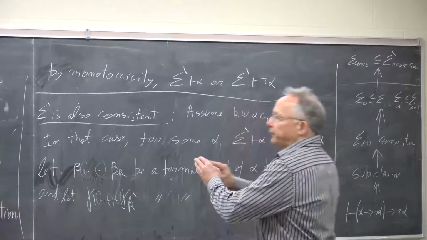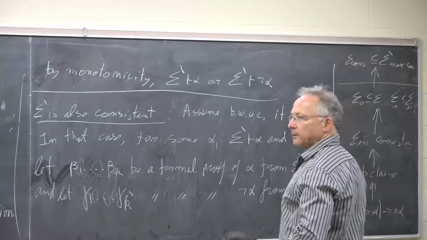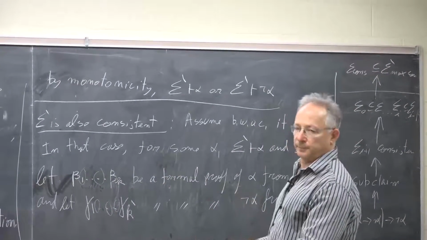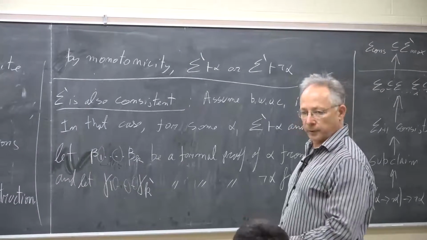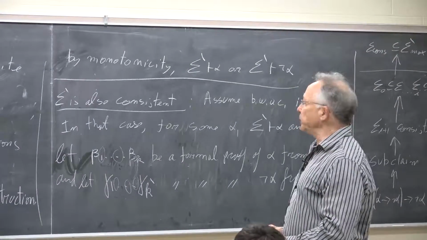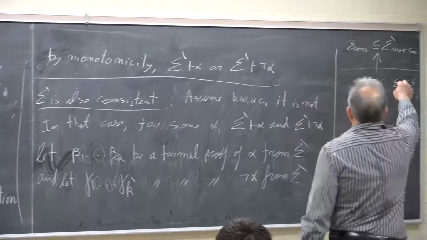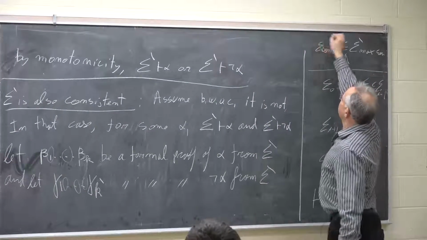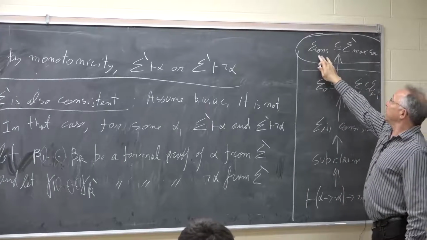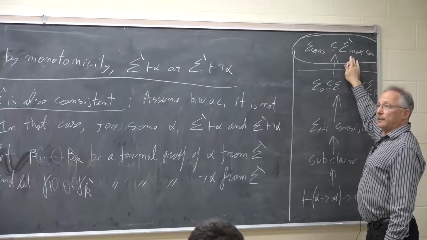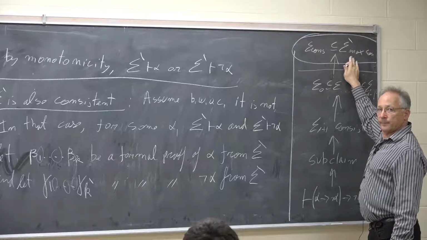So we showed that if sigma prime is inconsistent, then one of the sigma i's would have been inconsistent, which is a contradiction. So we finished the proof of this. We arrived here: every consistent sigma can be extended to a maximally consistent sigma prime.